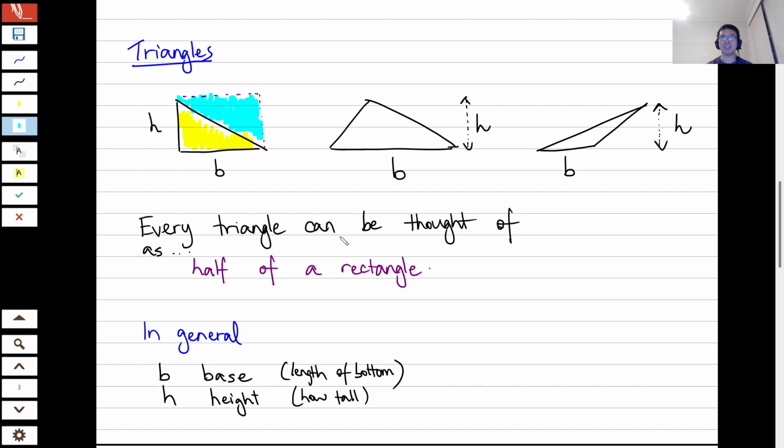So what I'm basically saying here is the yellow area is the same as the blue area. So if I add the two together, I get the rectangle, and so the yellow area is half the full area of the rectangle. Is that okay? If I split the rectangle in half, I get the triangle. Therefore, the triangle area is half of the rectangle area.